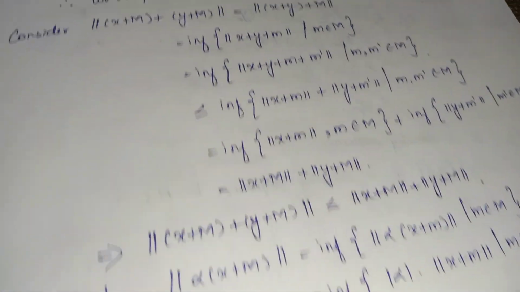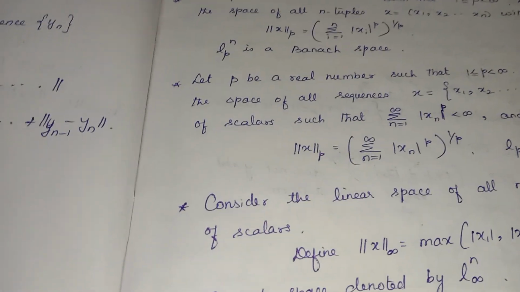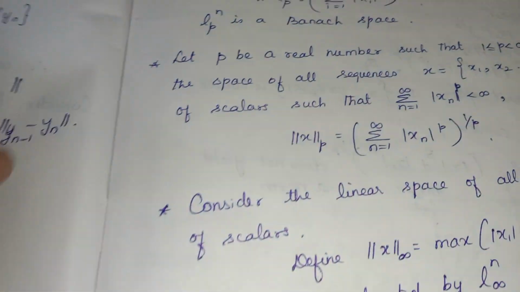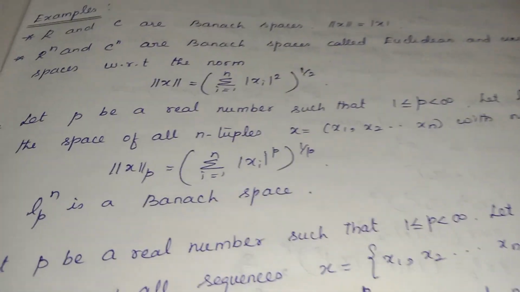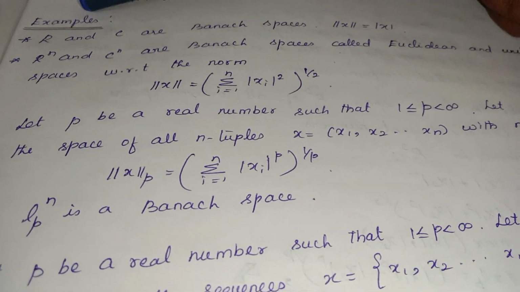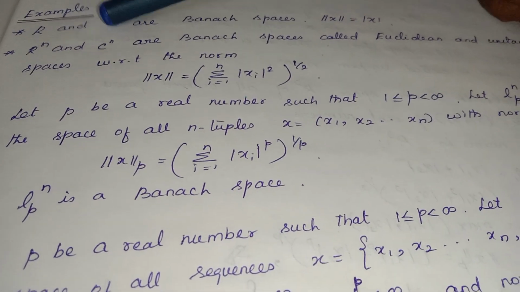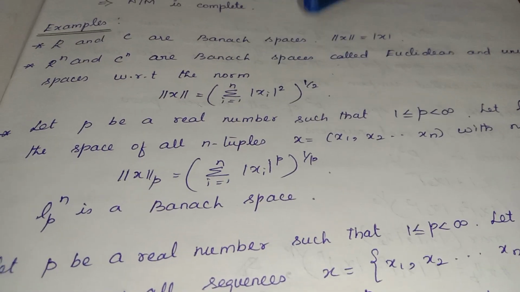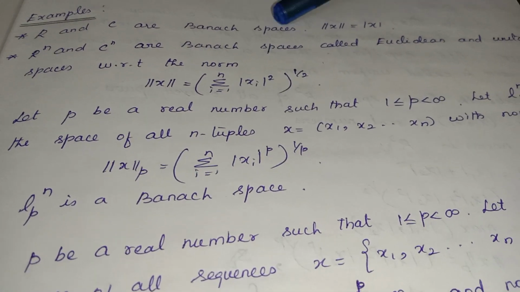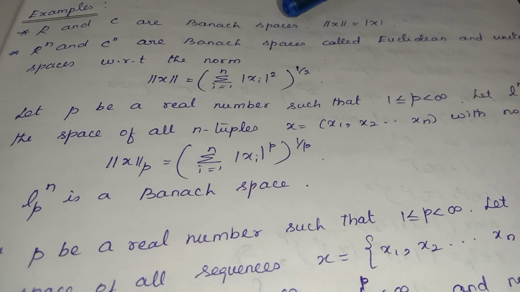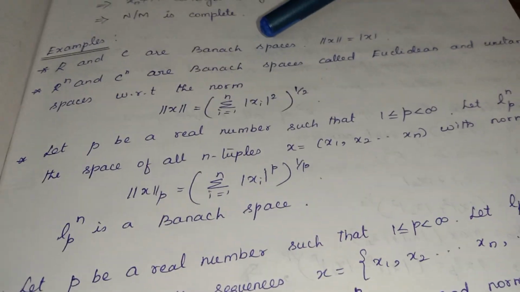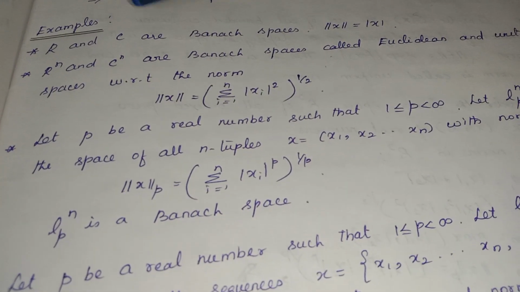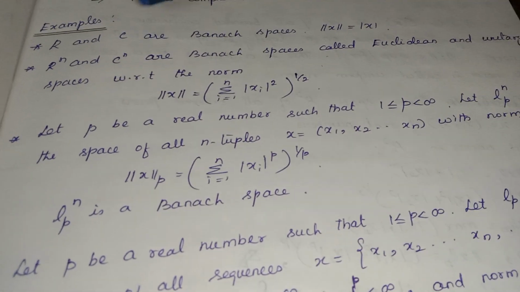Then the next one is, let's see some basic examples. R and C. R means the real numbers. The set of all real numbers and the set of all complex numbers are Banach spaces. Banach spaces means they are normed linear spaces and they are complete. Normed linear space means you are defined with some norm. So how do you define the norm in R and C, that is, real numbers and complex numbers?